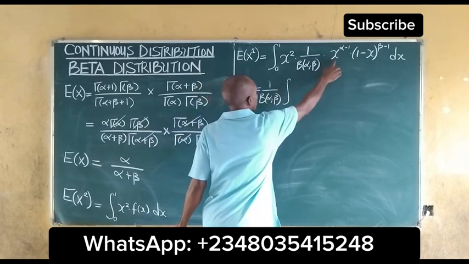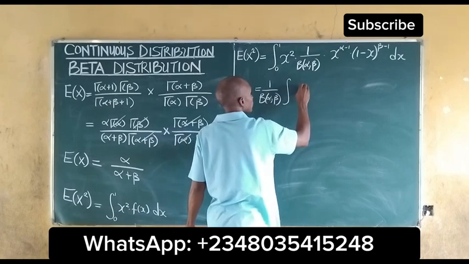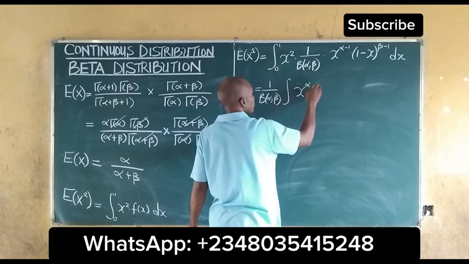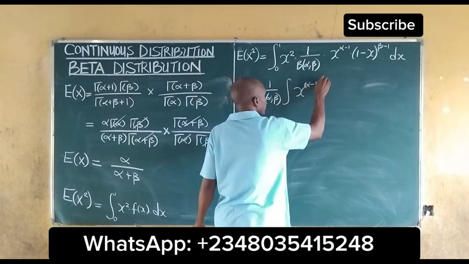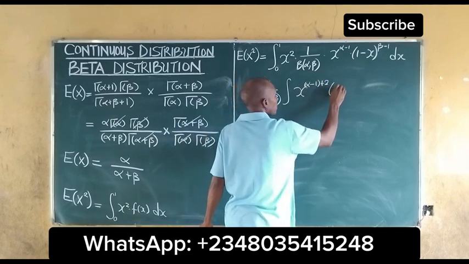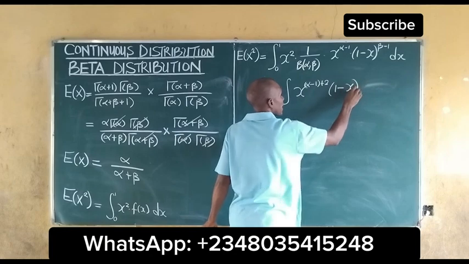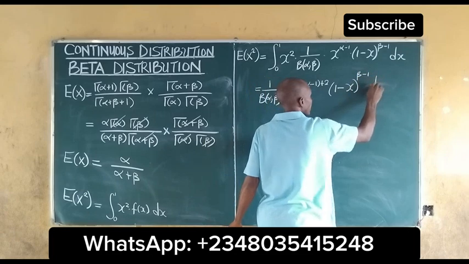The integral of, if we combine these two, we'll get x to the power of alpha minus 1 plus 2, times 1 minus x raised to the power of beta minus 1, dx.